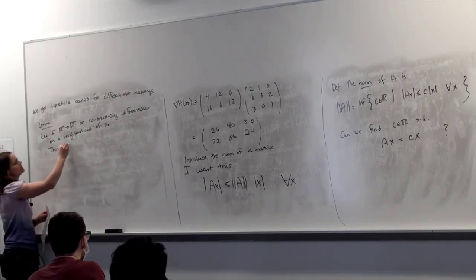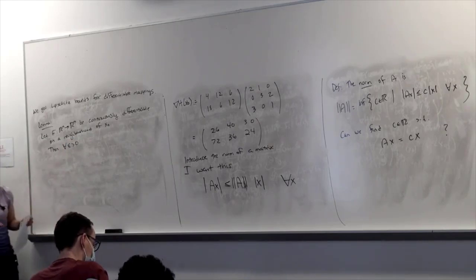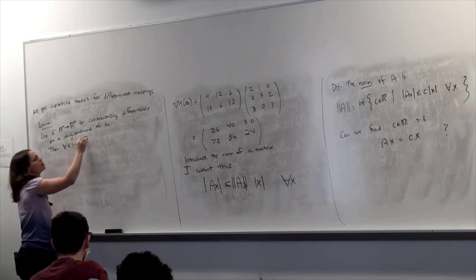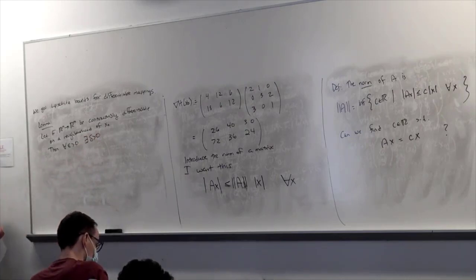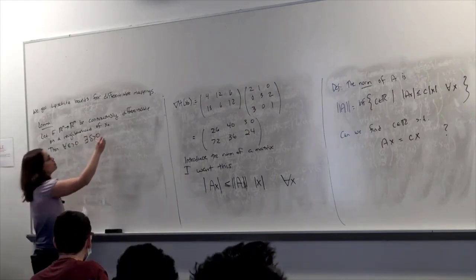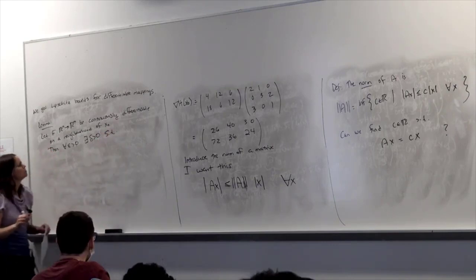So what this is going to tell us, I'm going to write these out really precisely because it's going to become important to us in about a week. Pick any tolerance you like.